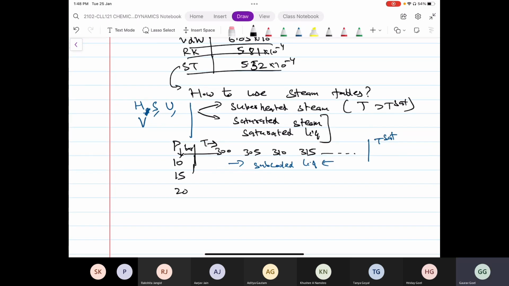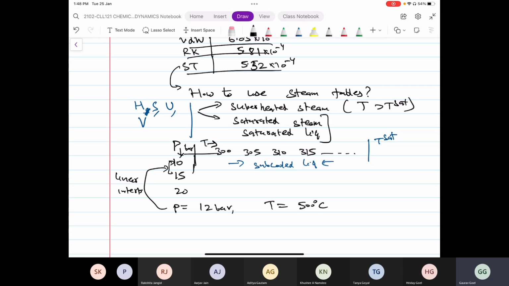So now if I give you a condition which is P equal to 12 bar, and let's say a high enough temperature, say 500 degrees Celsius. Since the data is available at 10 and 15, you will do a linear interpolation between these 2 points to get the required value.